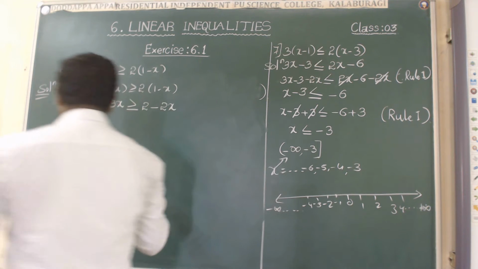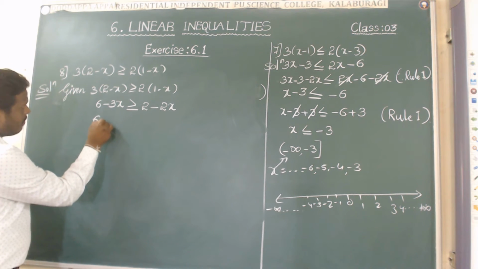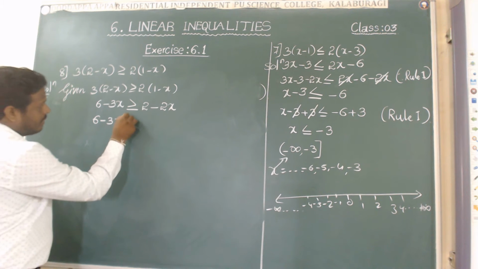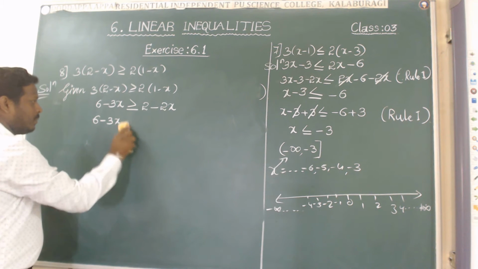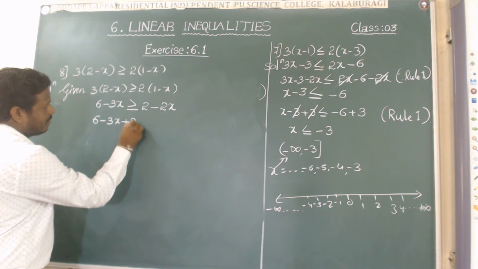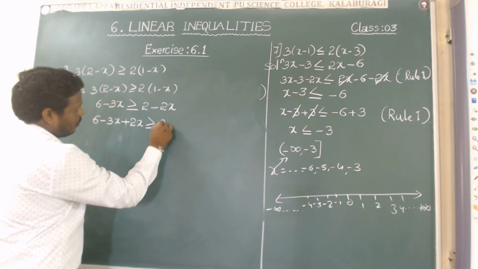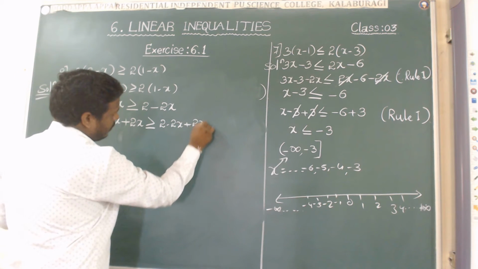By using the first rule, I will write directly here: 6 minus 3x plus 2x is greater than or equal to 2 minus 2x plus 2x.